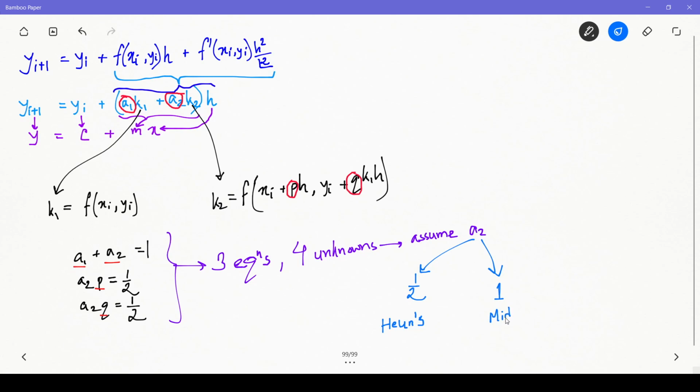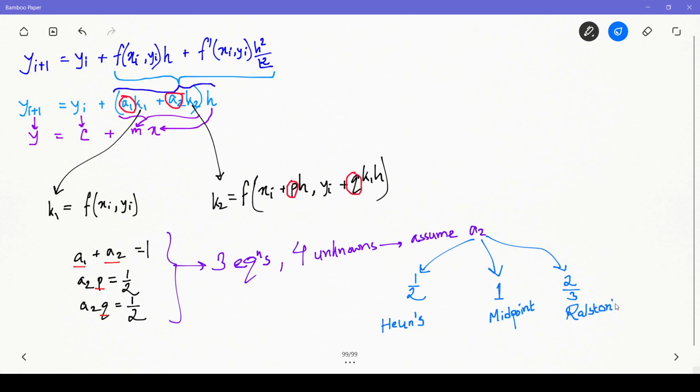You'll be able to see in a bit why it's called the midpoint method. It will be very clear to you. And the third approach is considering the value of a2 to be 2 by 3. When we do that, we call it Ralston's method. Another mathematician named Ralston came up with this value of a2.